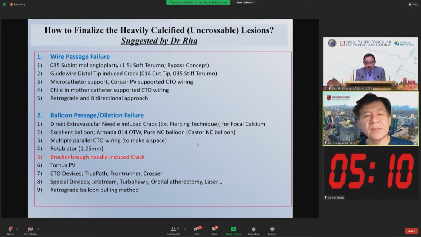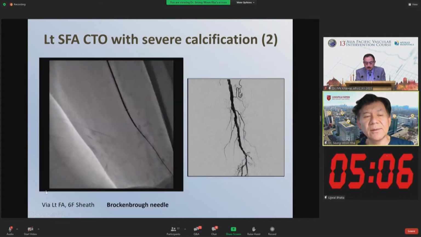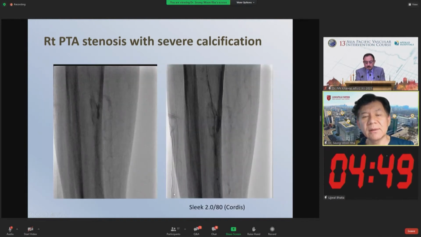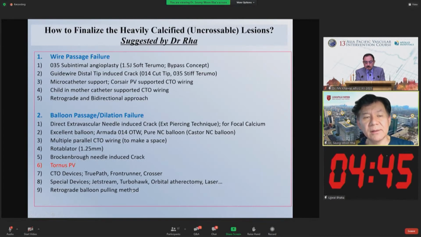And the Brockenbrough needle, in SFA CTO and BTK CTO, is a tough method. However, this longitudinal dissection by the Brockenbrough needle can make a space, dancing along with the wire. Digging aggressively, the balloon can go, making a space for the final angioplasty result.